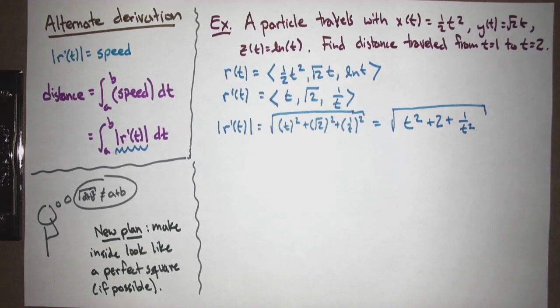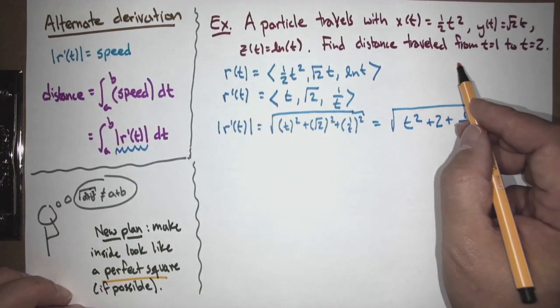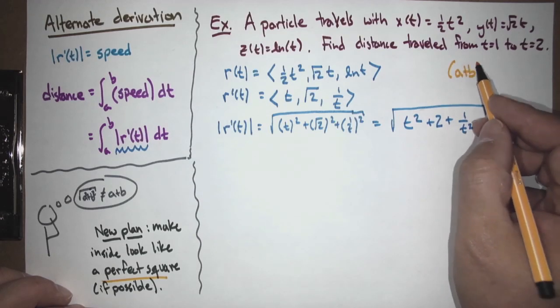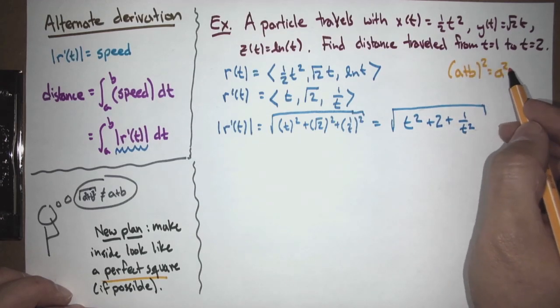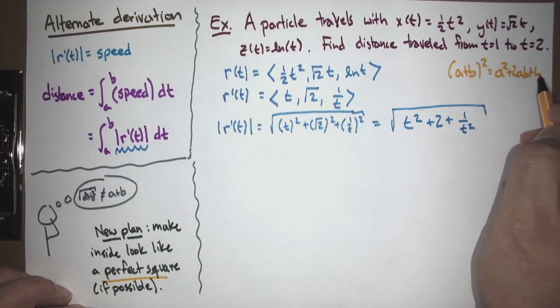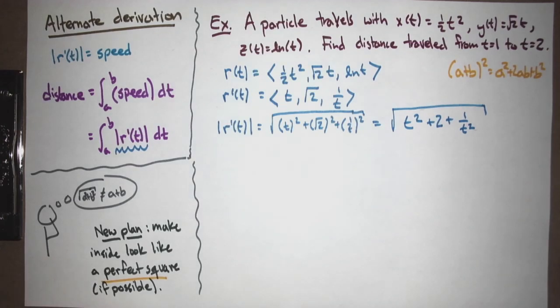In particular, we look for a perfect square, if possible. This doesn't always happen. Perfect squares look like a squared plus 2ab plus b squared. So we start thinking about whether there are natural candidates to try for a and for b. Is there anything that looks like a natural choice?